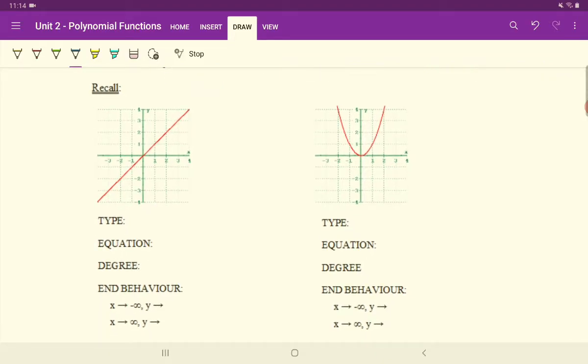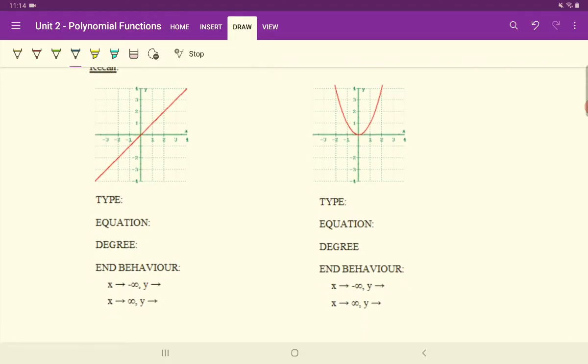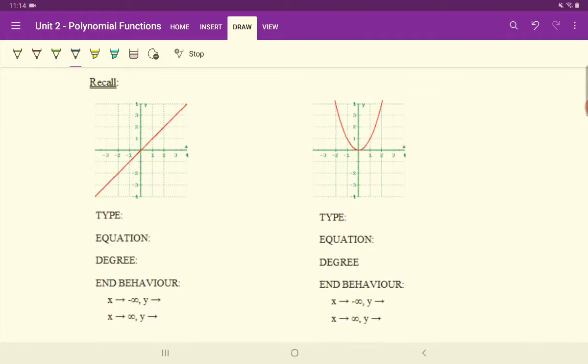Again, let's keep recapping what we did last lesson. This particular graph represents a linear polynomial function. Its equation, I will tell you, is y equals x, or 1x. So a slope of 1, a rise over run of 1 over 1, with a y-intercept of 0.